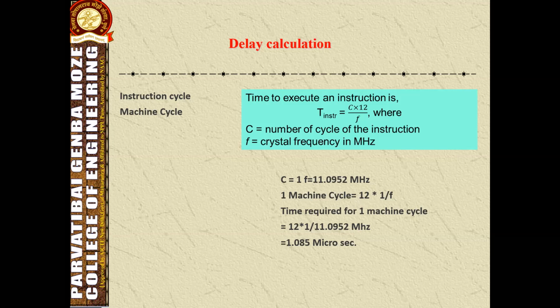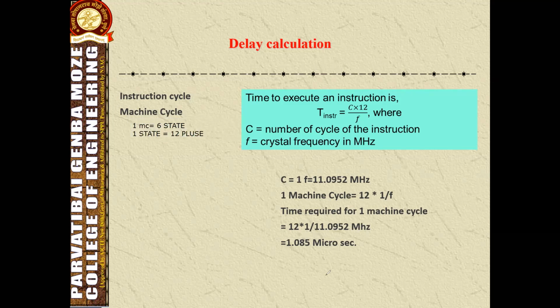One machine cycle is equal to 6 states, and one state is equal to 2 pulses, so that is 12 pulses, like you see here.